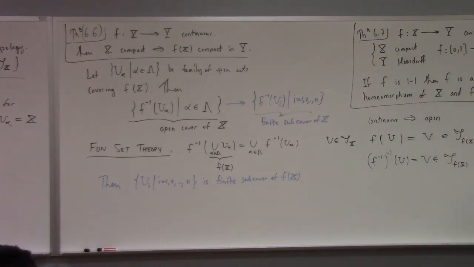Any Euclidean space would be fine, but certainly R2 is Hausdorff. And so what this says is, if your function is continuous on the closed interval, and if it's injective, one-to-one, then it's a homeomorphism of f onto its image.